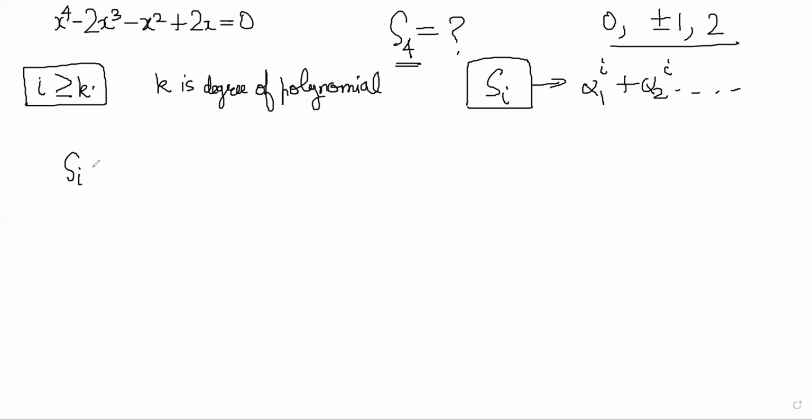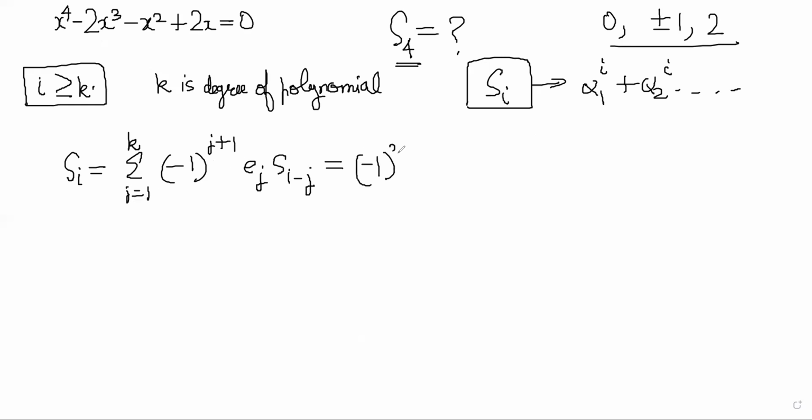The recursion is Si is equal to summation of j goes from 1 to k of minus 1 to the power j plus 1 E of j times S of i minus j. This is the Newton's identity. Now this looks a little complicated, but actually if you write down the terms, you will get a pattern very quickly. So when j is 1, what is this?